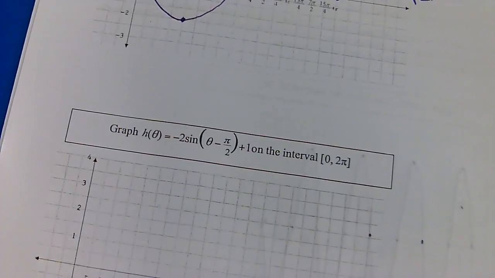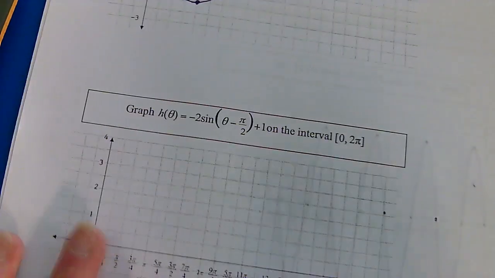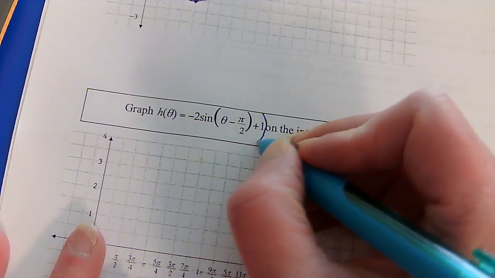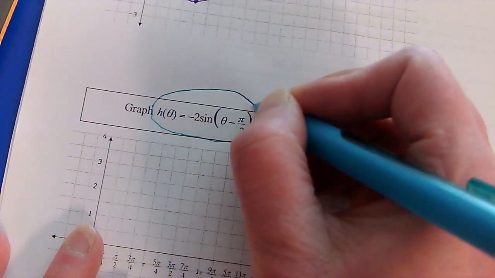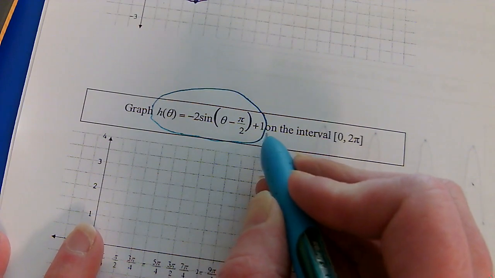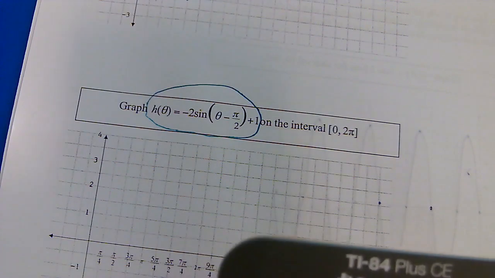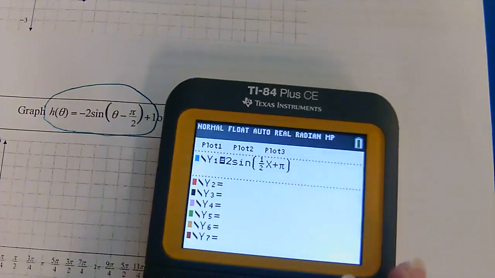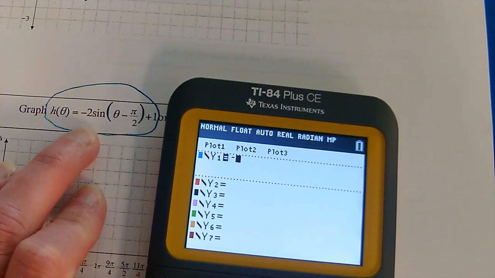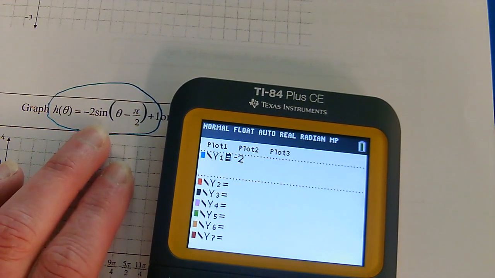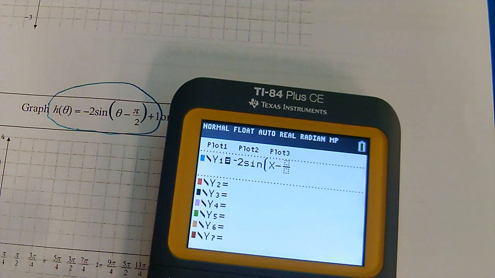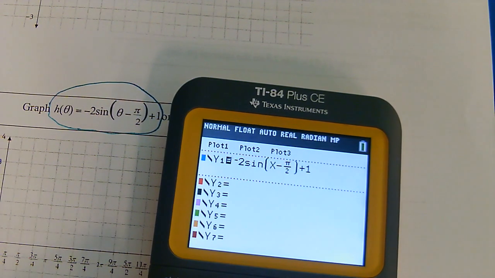Let's try the next one. Okay, now on this one, be careful. When I typed it up, I didn't make sure it was separated very well. So that +1, that's not plus i-o-n. That's a +1. Okay, so I wonder what that negative is going to do. And I wonder what the +1 does.